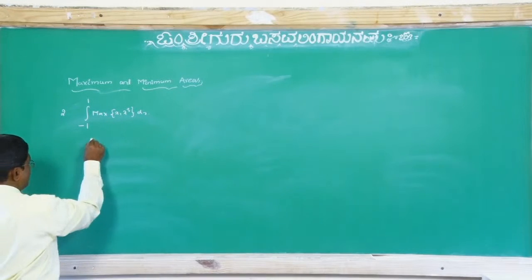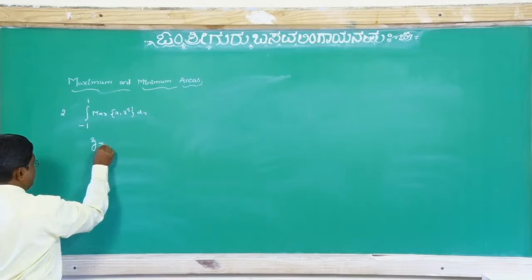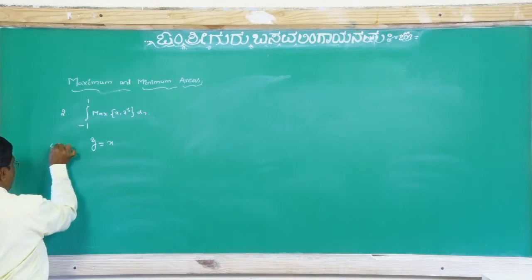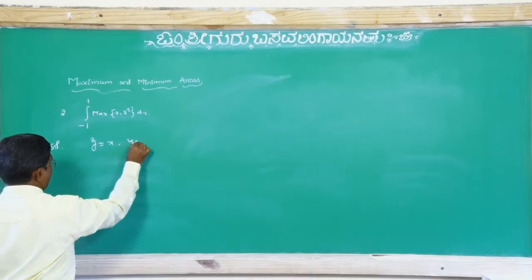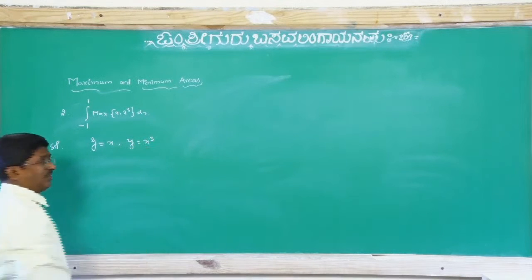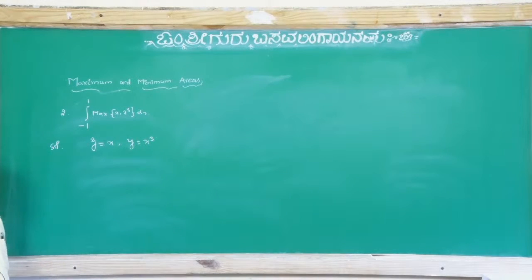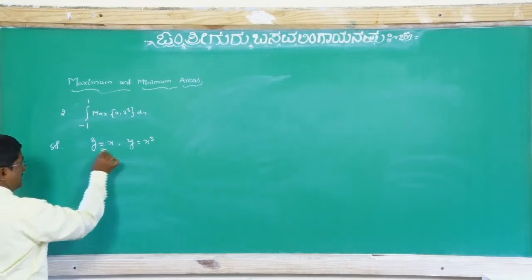Here also y is equal to x is one line, and y is equal to x cube. First of all, solving the two curves, we get the points of intersection.